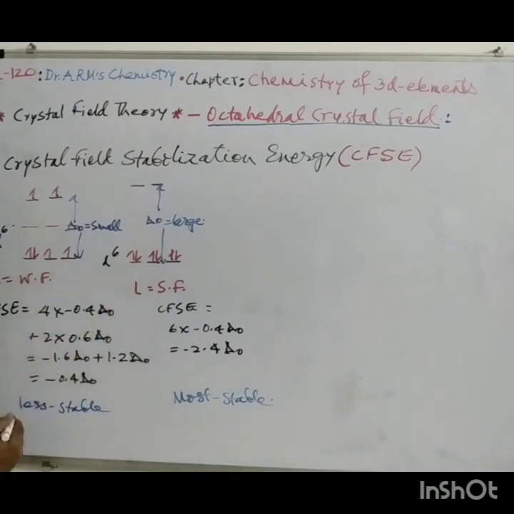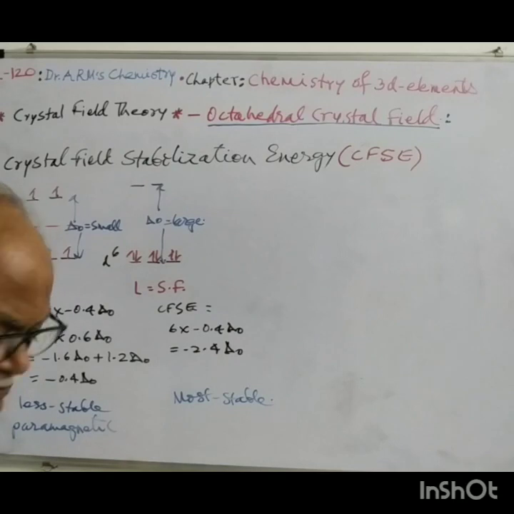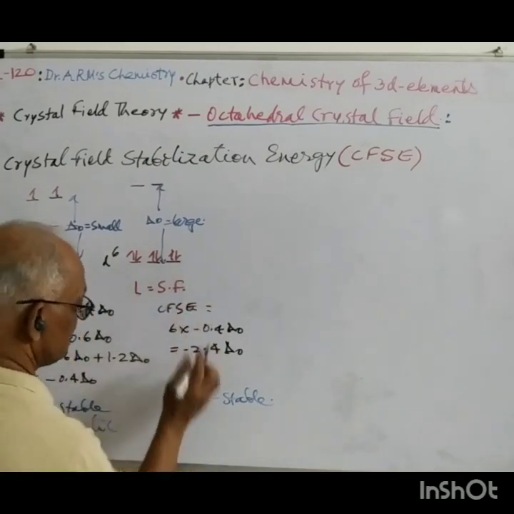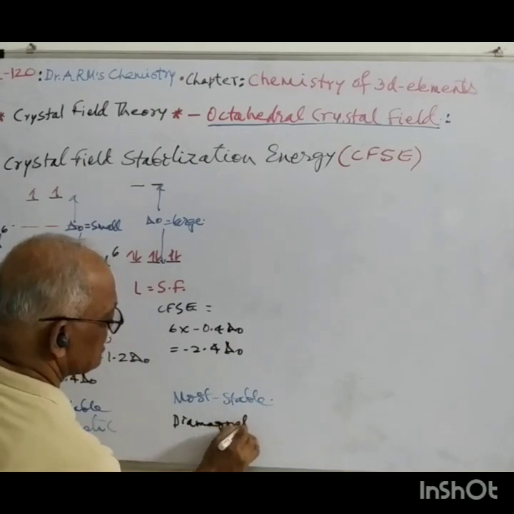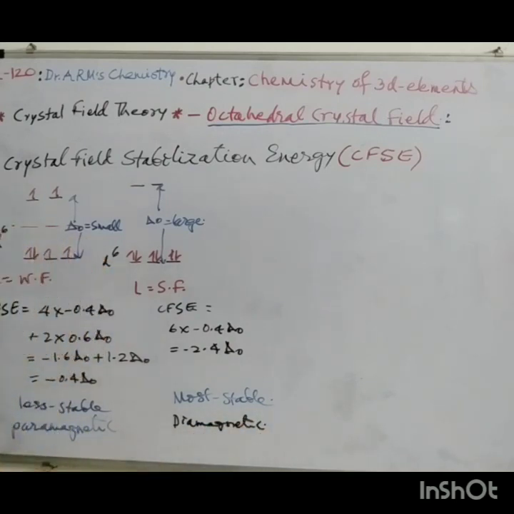Now if we see the paramagnetism, this is paramagnetic, and this is diamagnetic. This is called a high spin complex.